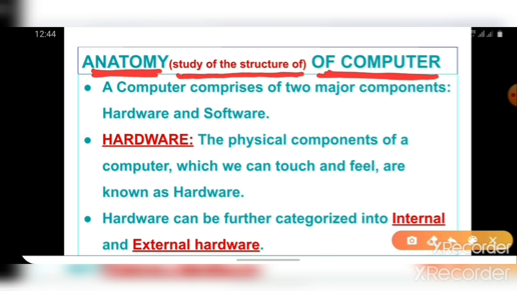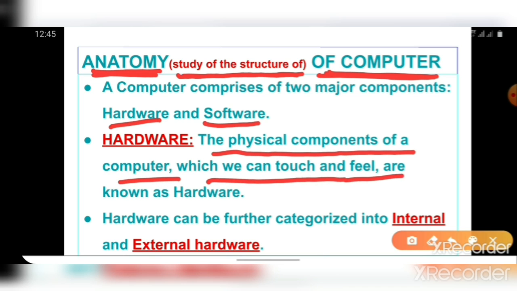We know that a computer comprises two major components, hardware and software. What is hardware? The physical components of a computer which we can touch and feel are known as hardware.